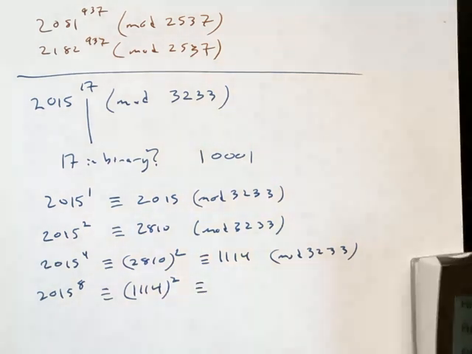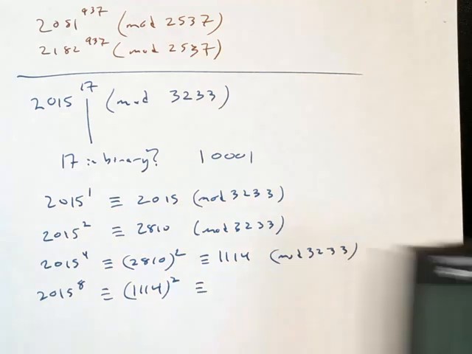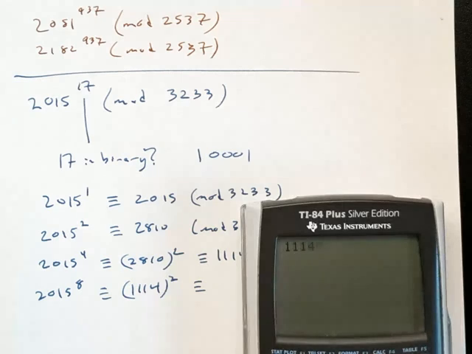So 1114 squared, divide by 3233, take off the integer, and multiply by 3233. My remainder is 2757.